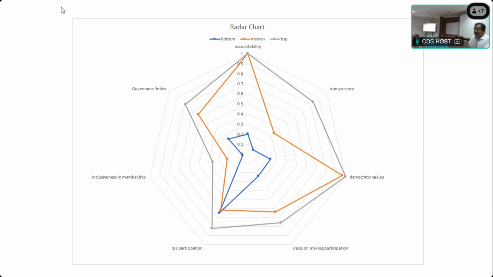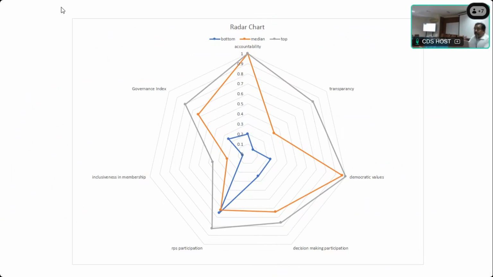The median one shows transparency again, but at a much larger distance, a lack of transparency in governance, inclusiveness, and a lack of decision-making participation. Democratic values seem to be quite strong over there also, and that seems to be the reason why governance is so. But in both these cases, the RPS participation is quite strong.